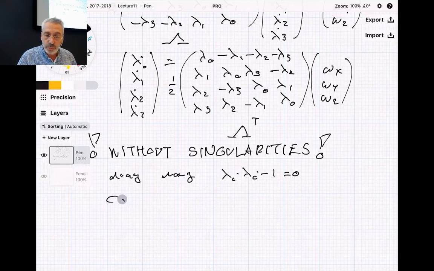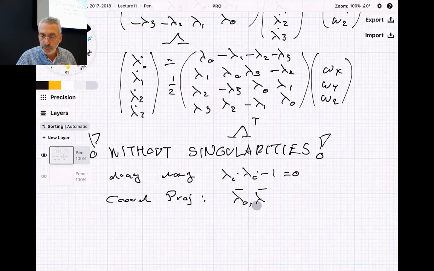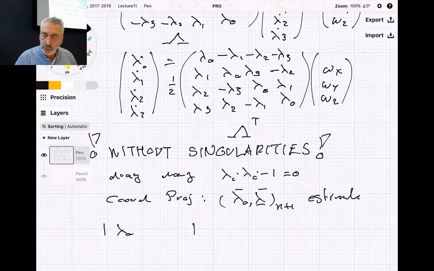So your coordinate projection breaks down to the following thing, that you say I have an estimate. So this is an estimate on my Euler parameters, and that's n+1, the estimate. And if you determine the norm of these guys, then probably they're not equal to 1, so they're a little bit off. But you just renormalize the whole stuff.